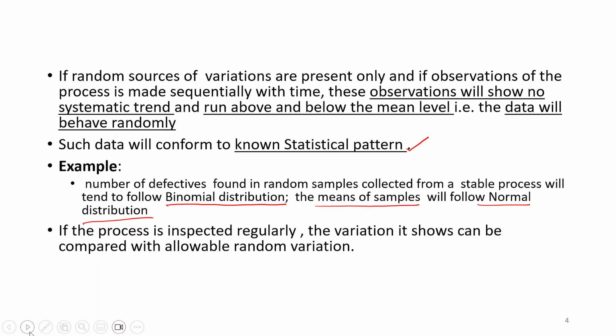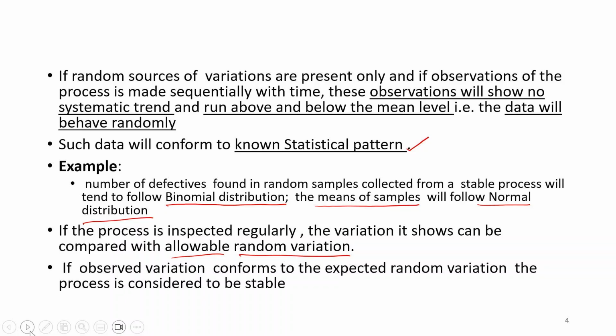Now, if the process is inspected regularly, the variation it shows can be compared with allowable random variations. So whatever variations I am getting in a process, I can compare it with some benchmark, and then we compare against that. After comparing, if the observed variation conforms to the expected random variations, the process is considered to be stable.